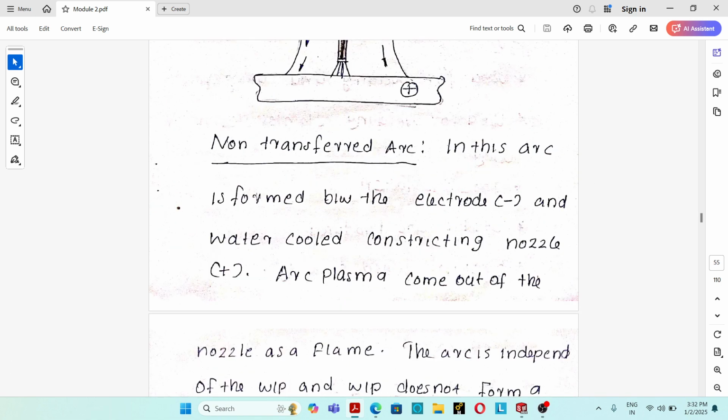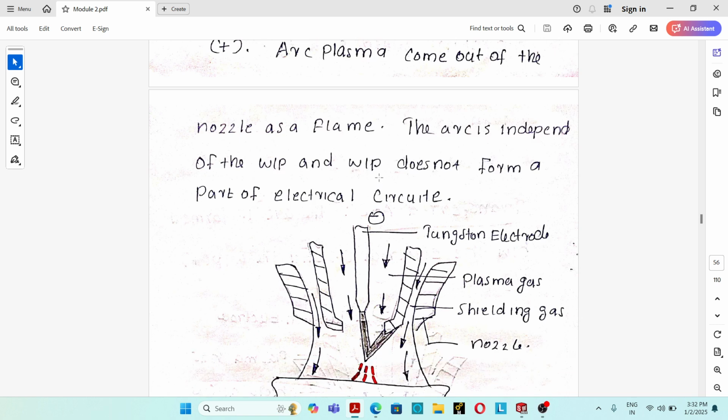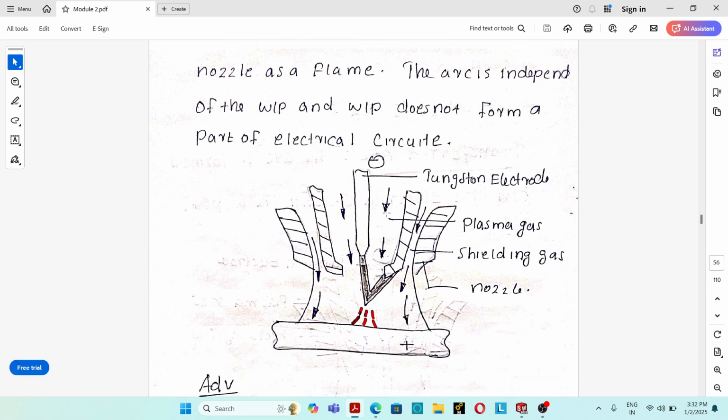In the non-transferred plasma arc welding process, the arc is created between the tungsten electrode and a water-cooled constrained nozzle. This is the water-cooled nozzle. The arc plasma comes out from the nozzle as a flame and heats the material.